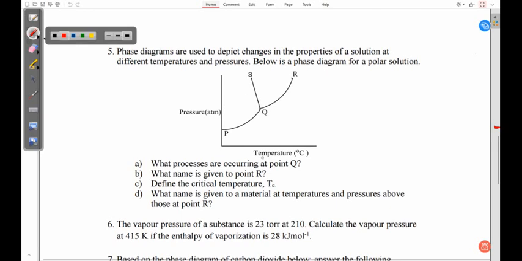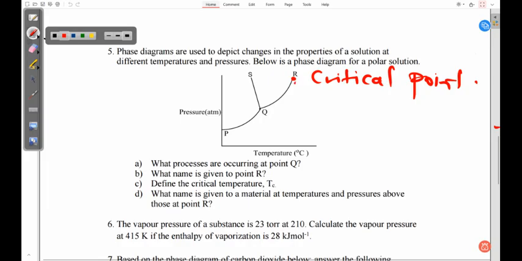What name is given to point R? Point R, I say that's identified as the critical point. Okay, critical point, that's point R. Then define the critical temperature.